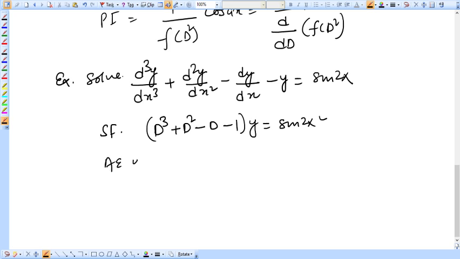The auxiliary equation is D cube plus D square minus D minus 1 equal to 0. So this is a cubic equation.